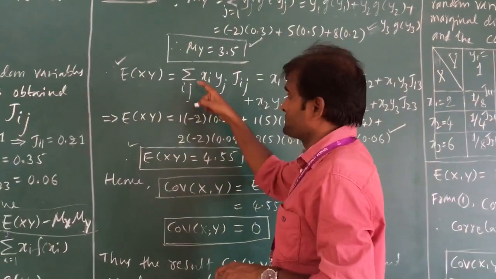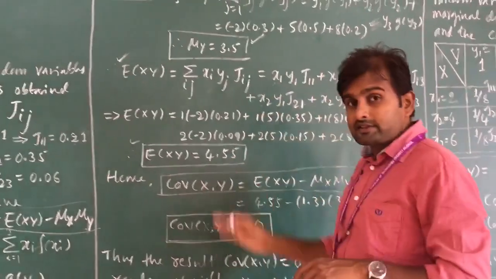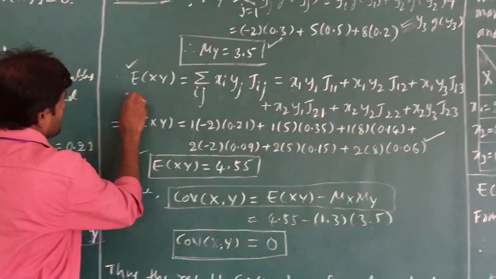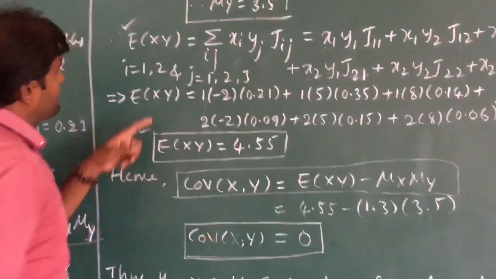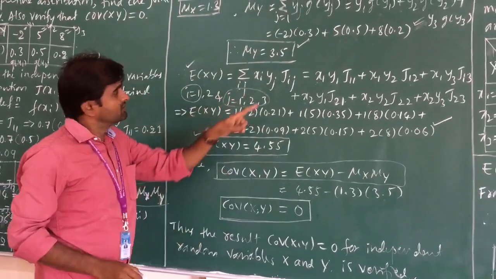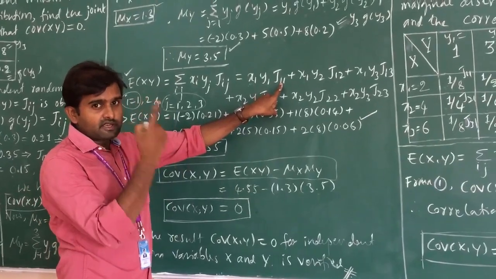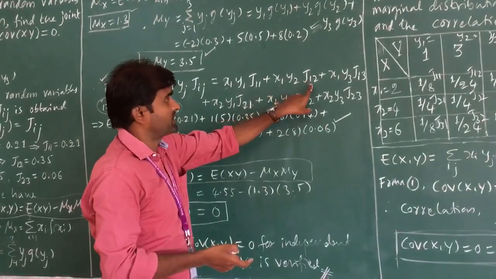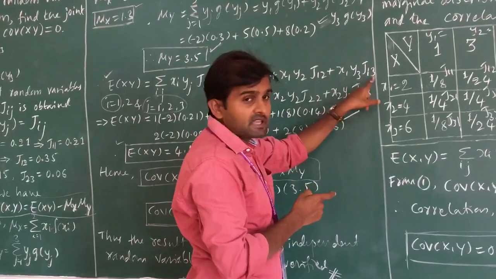So we have another expression, summation over i, j of xi yj jij, again expanding the summation. Here i is equal to 1 and 2, and j is equal to 1, 2 and 3. First, i is 1 and j takes these 3 values: x1 y1 j11, then x1 y2 j12 plus x1 y3 j13.